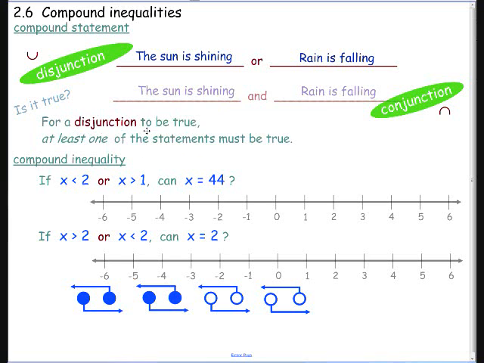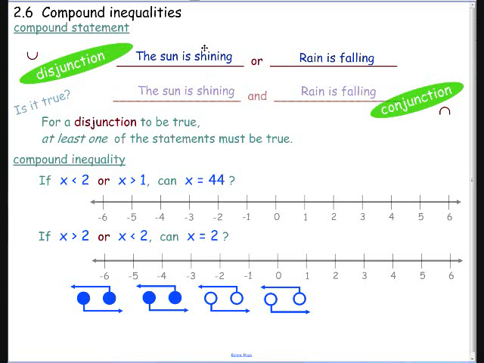For a disjunction to be true, at least one of the statements must be true. For a conjunction to be true, they both have to be true at the same time. This represents an intersection. Where do they intersect? This represents a union. We add them both together.